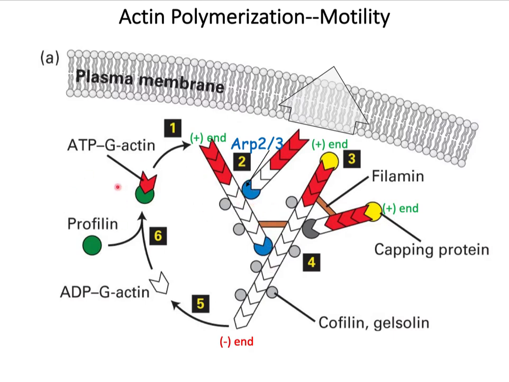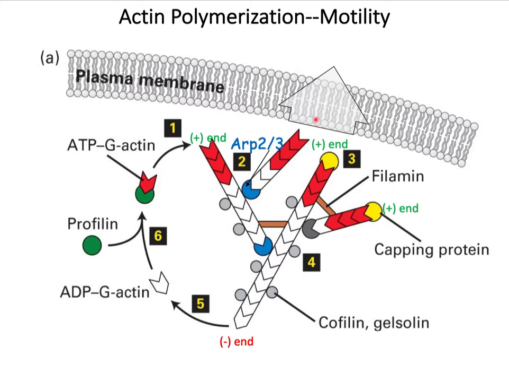Here is profilin in green that is charging the ADP G-actin that is coming off the minus end. Profilin is making the ATP G-actin, so you can get further growth at the plus end. The forces generated by the growth of all these branches will push the membrane forward. This is all happening at the leading edge.